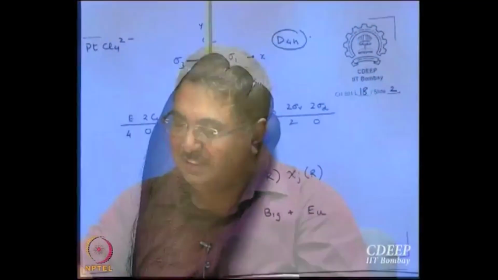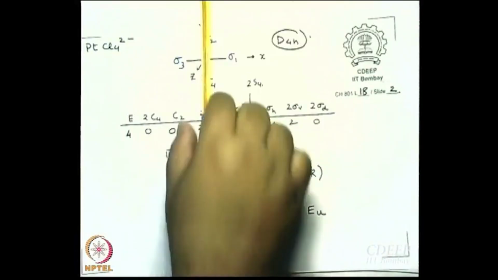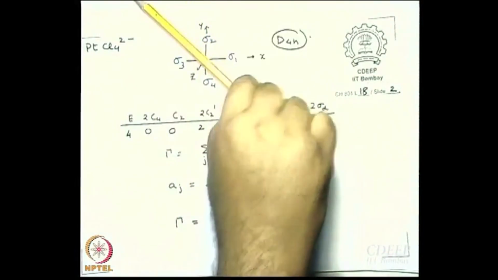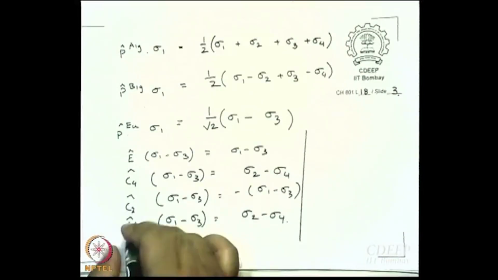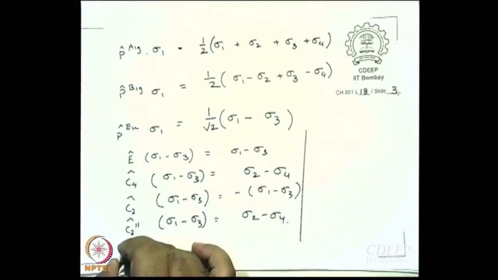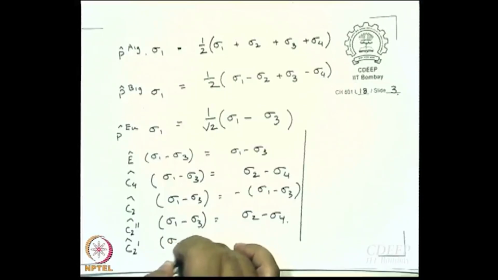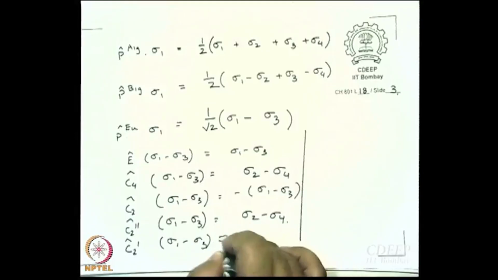What about this C2 dash? Sigma 1 minus sigma 3. And what about C2 double dash? Sigma 2 minus sigma 4. So, it is very convenient, add a dash. I am really getting on the nerves of some of us. And then C2 dash operating on sigma 1 minus sigma 3 gives us sigma 1 minus sigma 3.